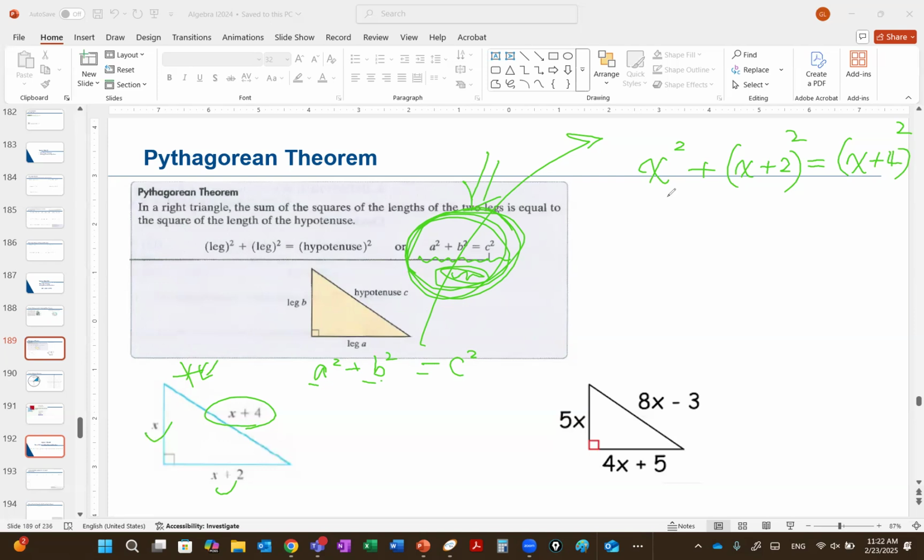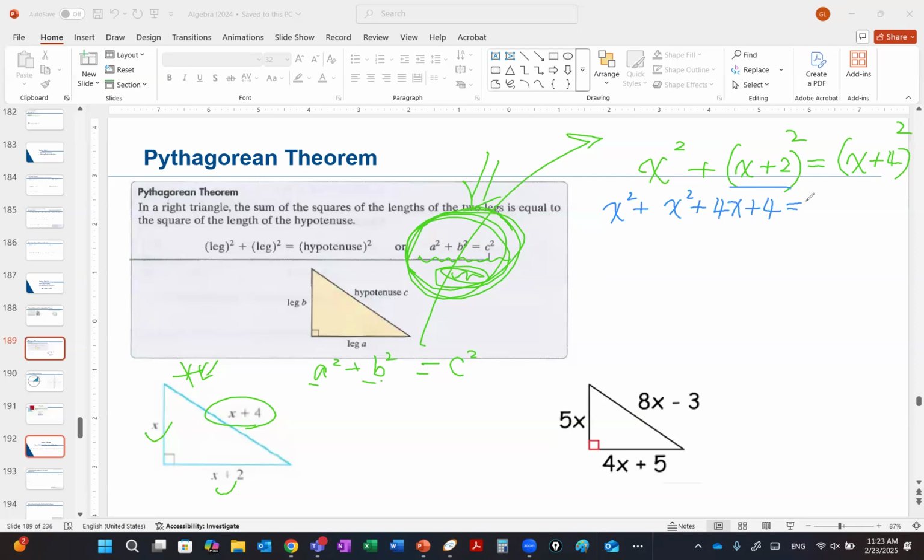All right. So if we're making this simplified, let's simplify this part first. Okay, so x squared. What about this one? So it's x squared plus 4x plus 4, right?